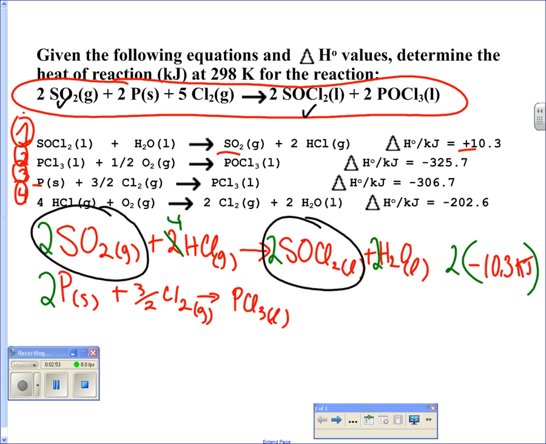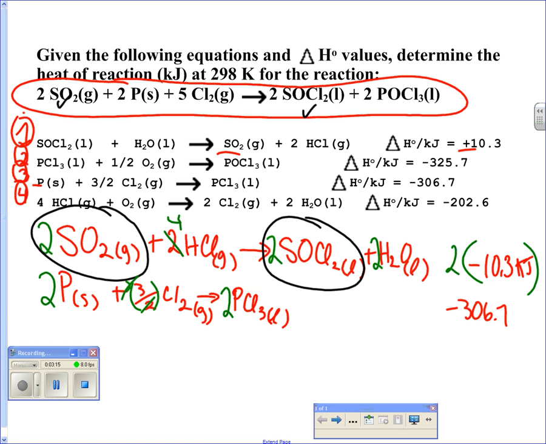If I multiply the 3/2 by 2, it cancels out the 2. I didn't flip it, so it's still a negative 306.7.